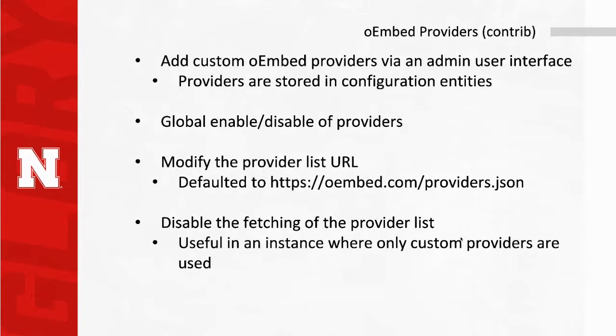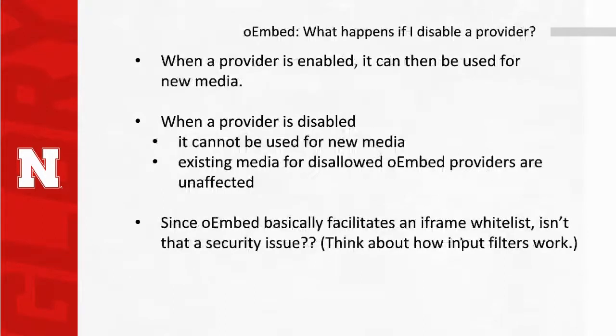So I do want to talk a little bit about what happens when you enable and disable providers. When you enable a new provider, then it can be used for new media, which makes sense. Now, when you disable a provider, that means it cannot be used for new media. That makes sense. But then there's this question about, well, what about existing media?